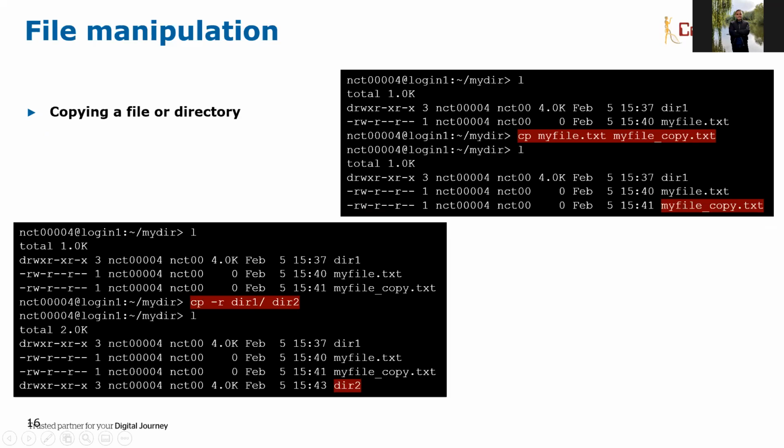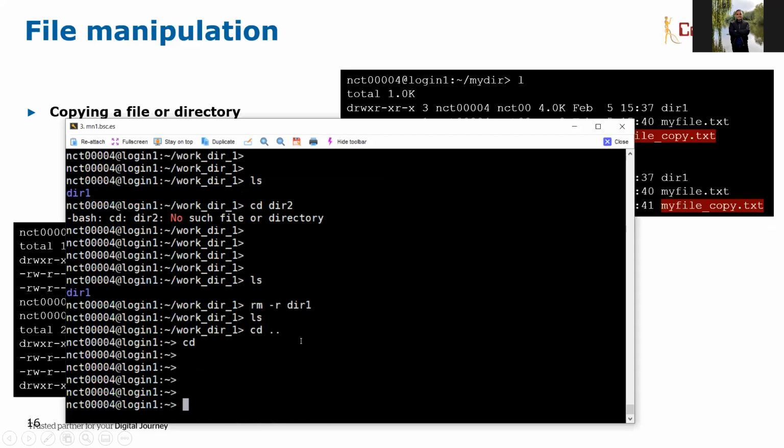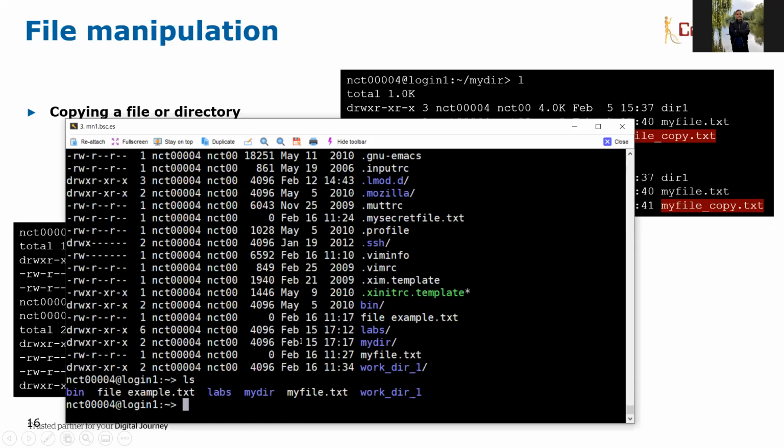Let's say you have a set of data stored in file.txt and you want to copy it in order to save it. The command is cp for copy.